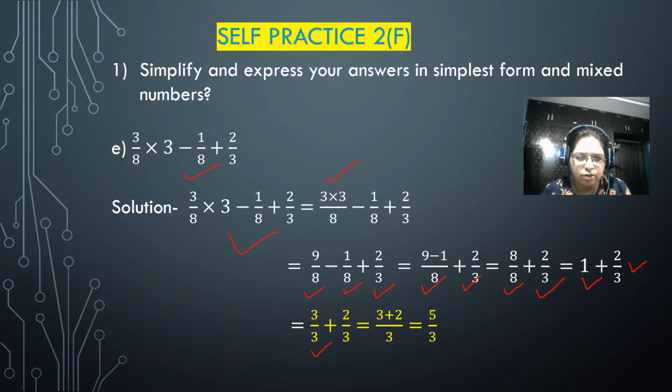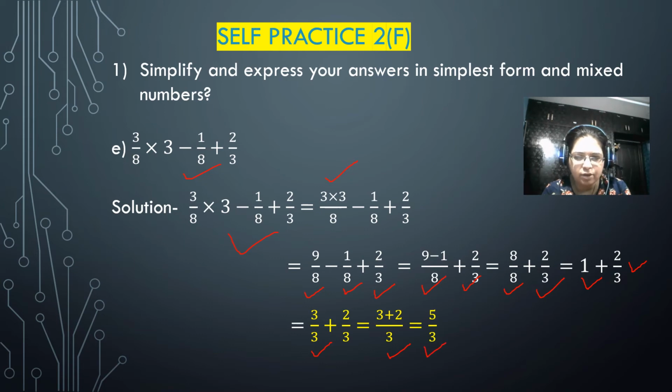So 1 is 3/3 plus 2/3, and we get 3 plus 2. Now we add these like fractions, as the denominators are equal. So 3 plus 2 in the numerator, divided by denominator 3, is 5/3.